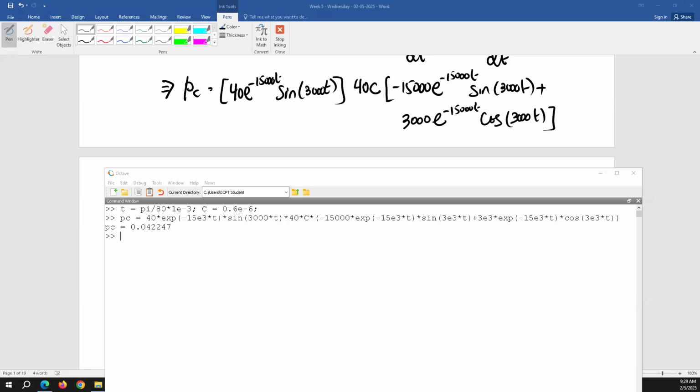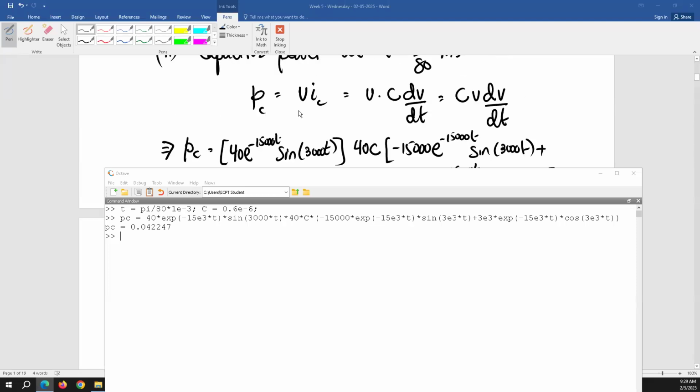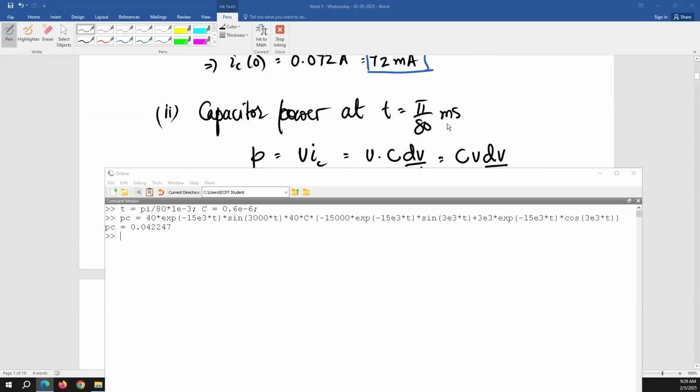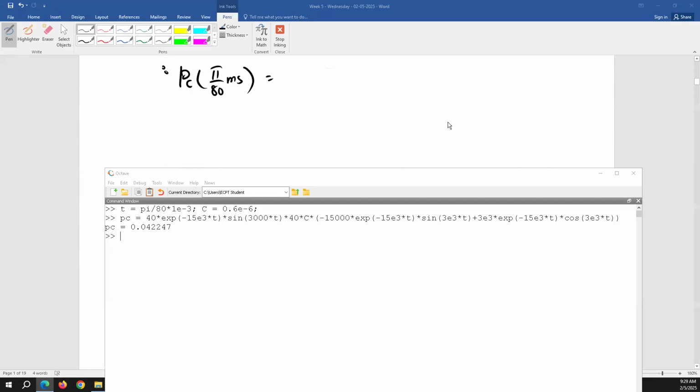Because the time is pi by 80 millisecond, right? Capacitor power at pi by 80 millisecond. I think this is one of the problems given in the book, if I remember correctly.